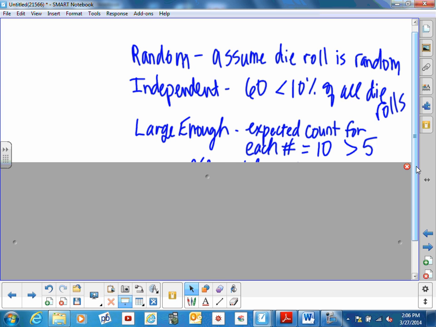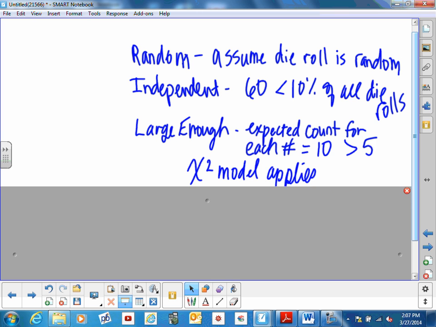All right, at the end of our other conditions, we summarize by saying the normal model applies or the nearly normal model applies. Well, here, what kind of model do we have? The chi-squared model applies. So you're going to summarize your conditions saying that the chi-squared model applies. All right, so why is it so important that chi-squared?